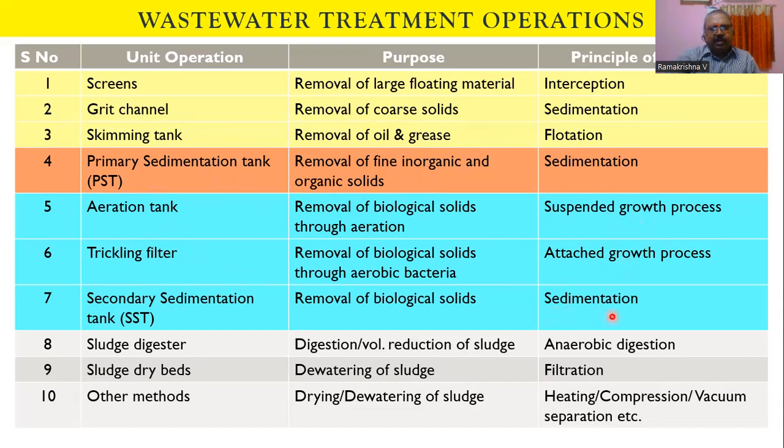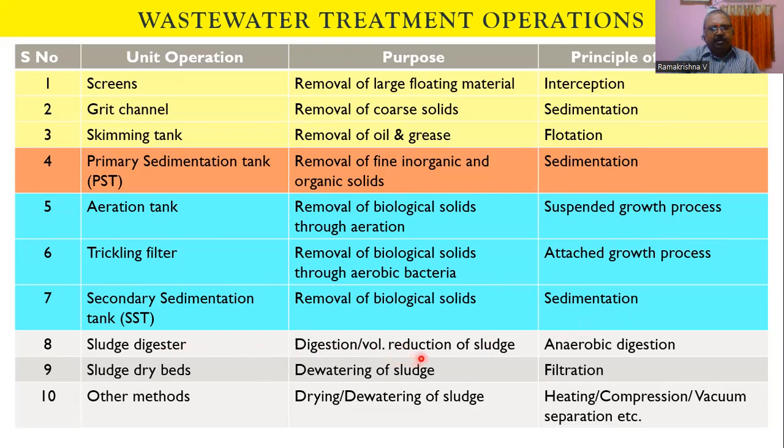The secondary sedimentation tank is again for sedimentation. And then for sludge handling, we have a sludge digester. Digestion is mainly for volume reduction of the sludge. Sludge contains a large amount of water and a very small percentage of solids. Handling that heavy sludge is difficult because of its high moisture content.